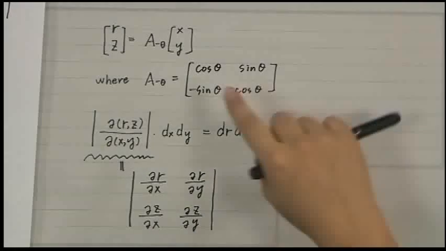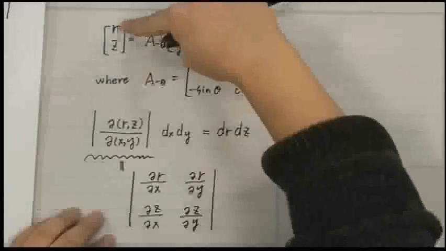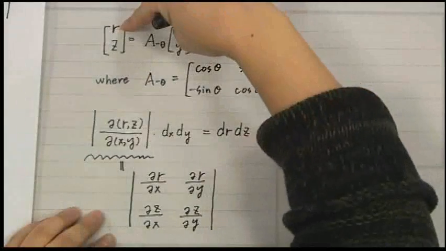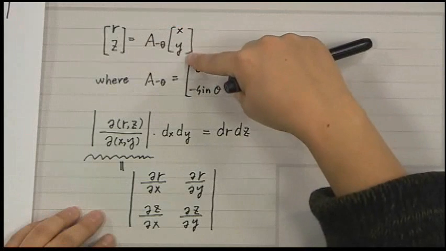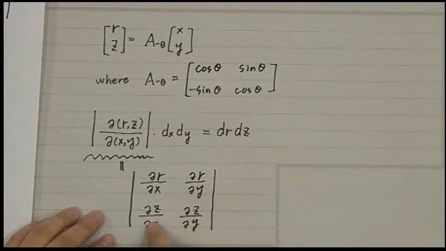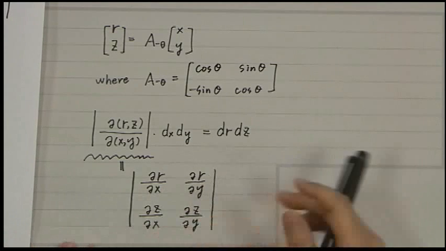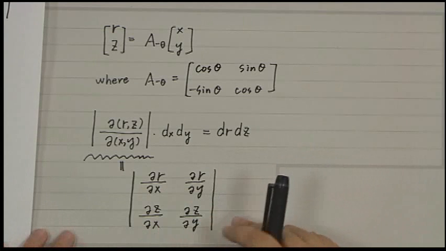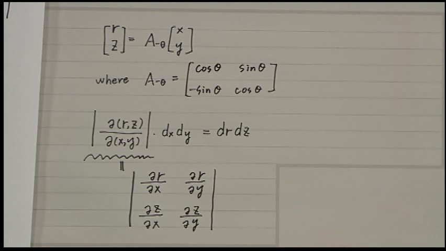Because we already know this matrix, r and z can be expressed as a function of x and y here. So we just need to take a derivative here, then we get a very simple equation. Then just take a determinant, and you will find this equals 1. So the calculation is not so bad. This is because it is a 2 by 2 matrix.